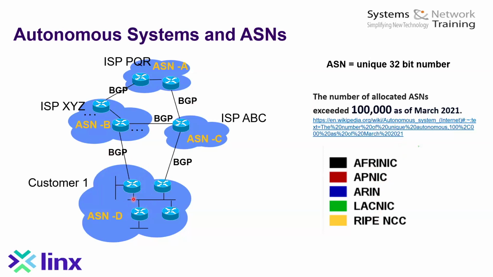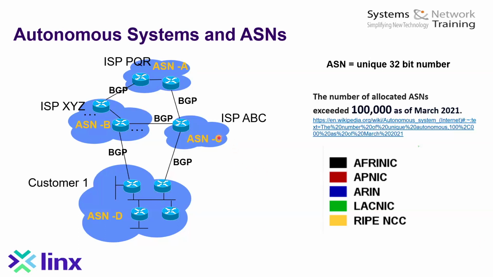Now, I've greatly simplified this here just to make it easy on a slide, and I've called this service provider's routers autonomous system A, this one's B, C, D, etc. And now, when routes are exchanged, the autonomous system number of the advertising router is included in that advertisement.